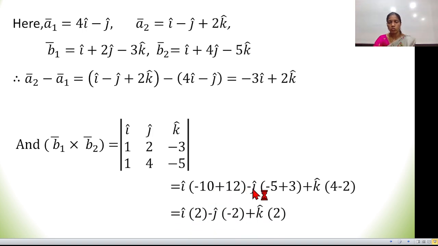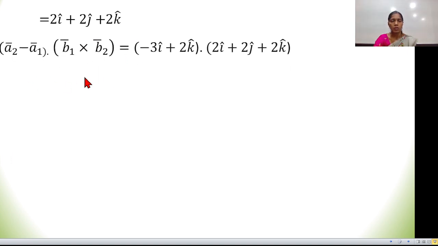Now adding these terms, we get i in bracket minus 10 plus 12, we get 2, minus j in bracket minus 5 plus 3 gives minus 2, plus k cap in bracket 4 minus 2 gives 2. So the product of these two terms gives 2i, the product of these two terms gives 2k, and minus of minus product gives plus 2j.